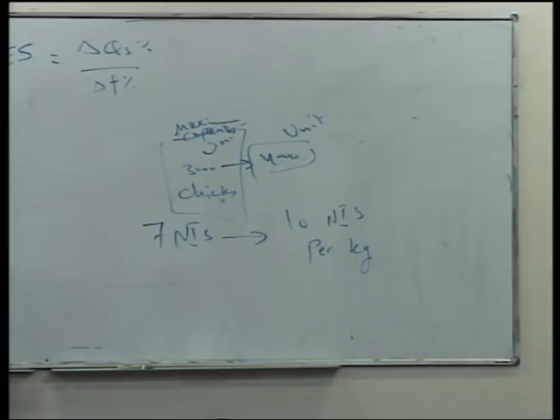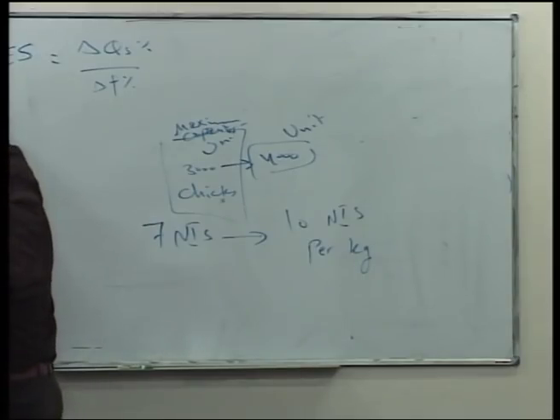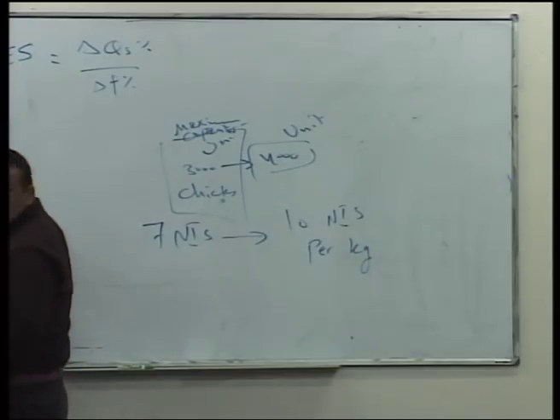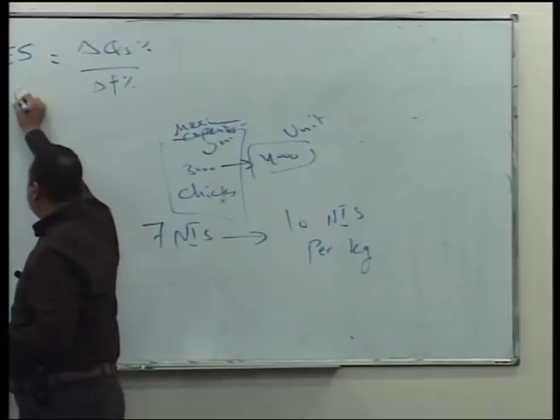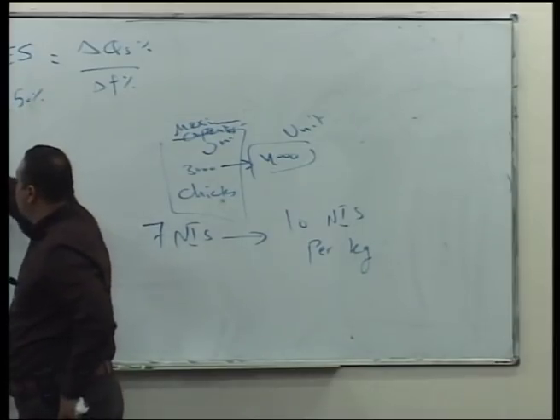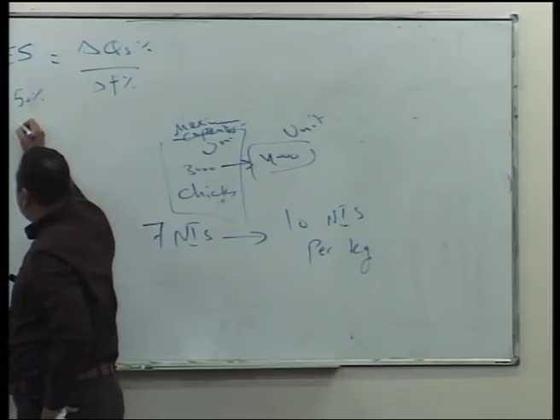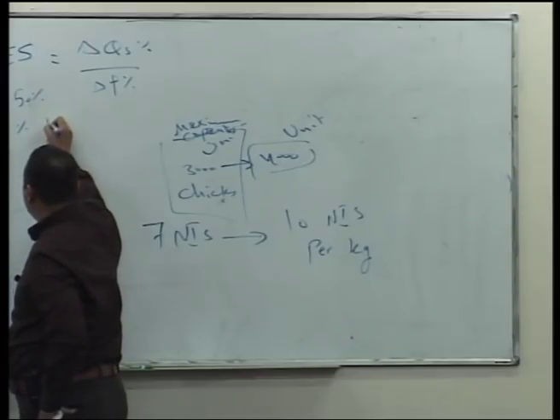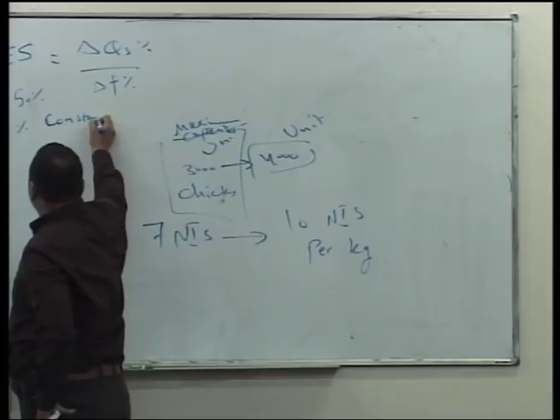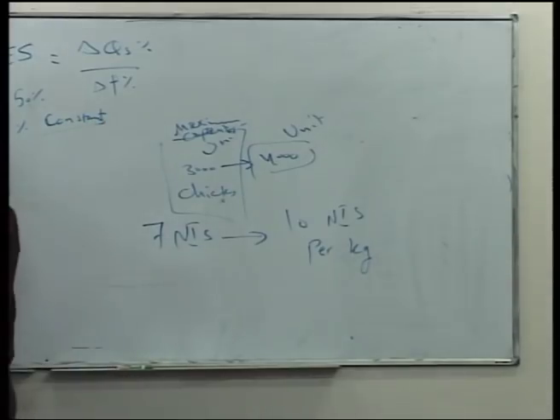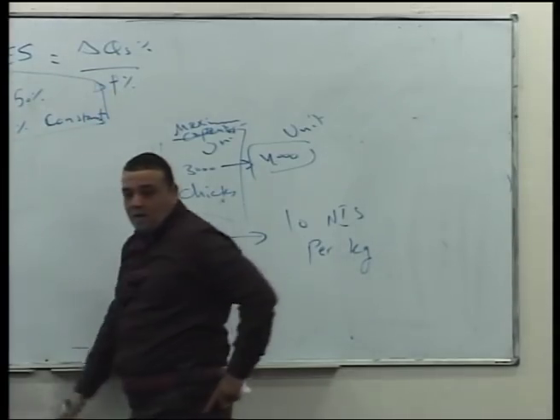No. So in the very short run, even if the price goes up by 50%, the quantity supplied will be unchanged, constant. Where is this? In the very short run. Right?